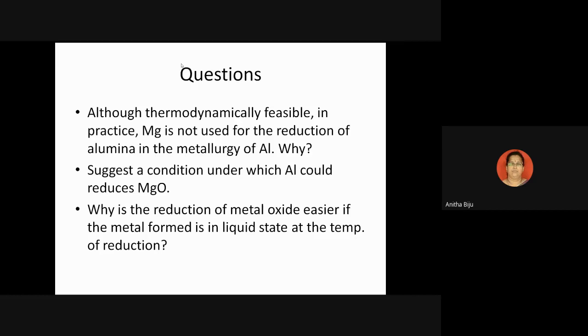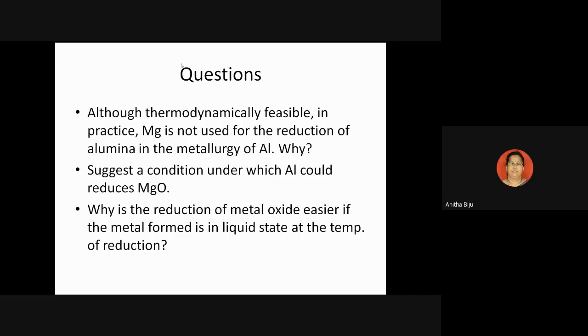Okay, so it is related to Ellingham diagram. No need to remember exact Ellingham diagram, but you have to remember this particular concept related to Ellingham diagram. Now we will come to the next question. Suggest a condition under which aluminium could reduce magnesium oxide. Suggest a condition.